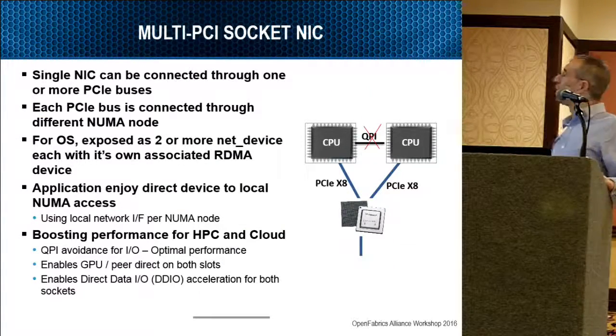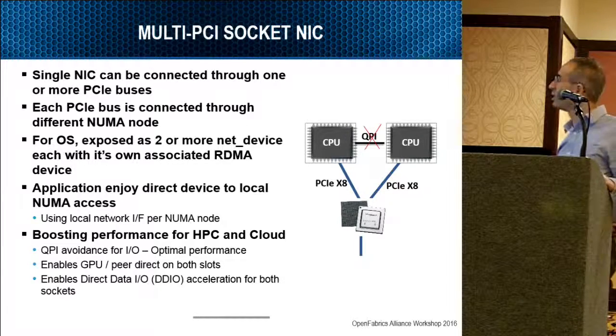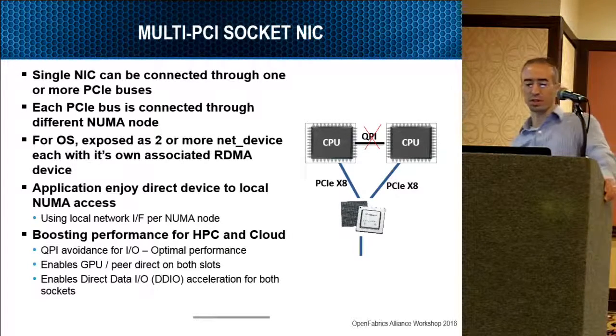Another topic and use case for bonding is basically a nice feature, the MULTI-PCI socket NIC. So what is a MULTI-PCI socket NIC? Basically, it's a technology where a single network device can be connected through two different PCIe buses.